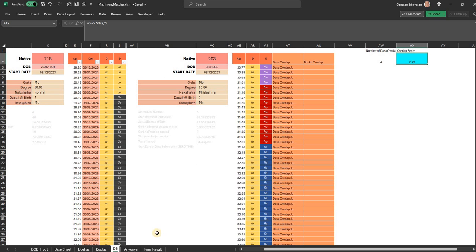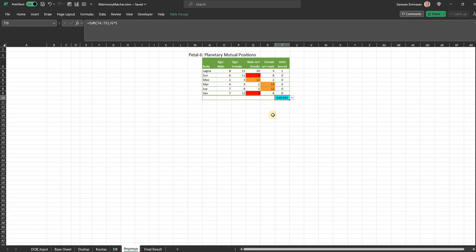Dasha Bhukti, see there is complete overlap of this Jupiter Dasha, which is a standstill planet for the girl also. So I don't think this is a good time for them to go ahead with the marriage. Anyonya is also quite low because there are a lot of 8-6 and 12-2, 12-2 and 8-6, which are all bad.